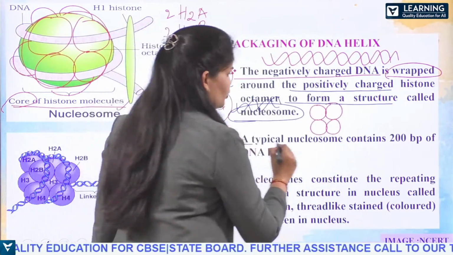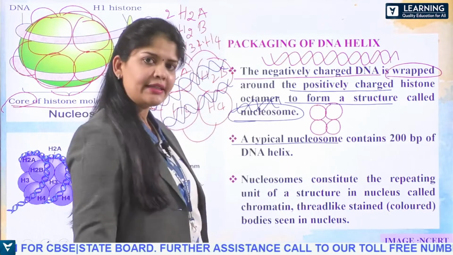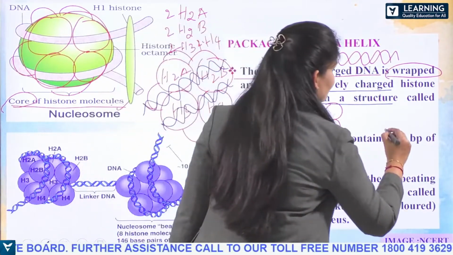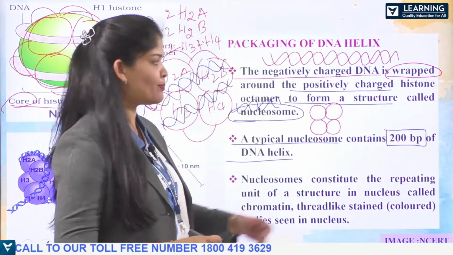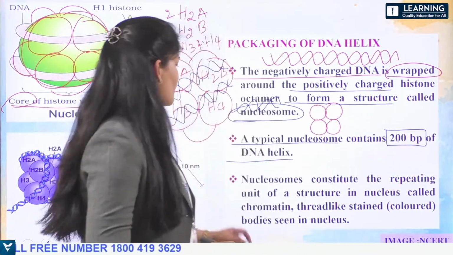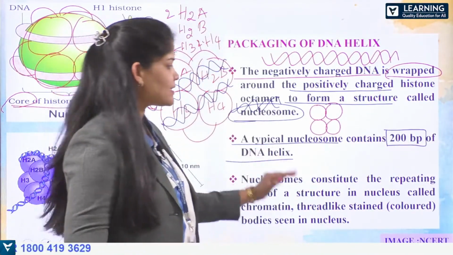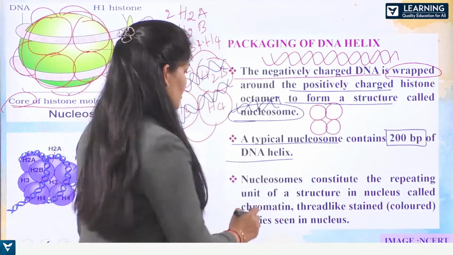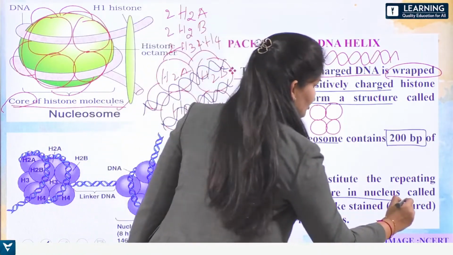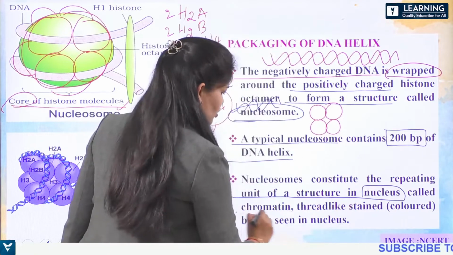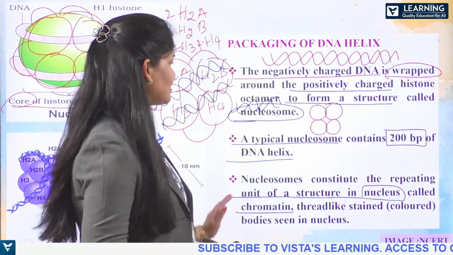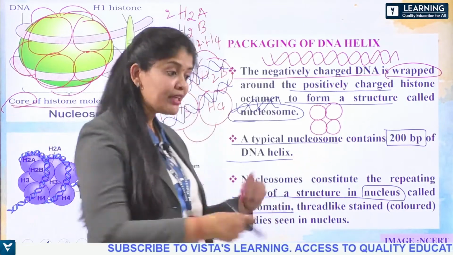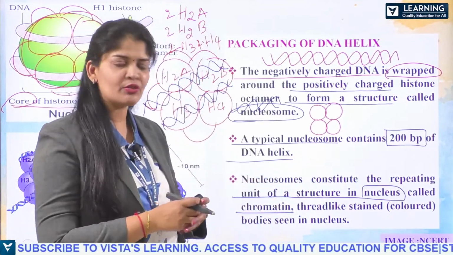A typical nucleosome contains 200 base pairs of DNA helix, that is pairs of nucleotides. Nucleosomes constitute the repeating units of the structure in the nucleus, and that is called chromatin. So in a chromatin, we find repetitive units. What are those repetitive units? Nucleosomes.